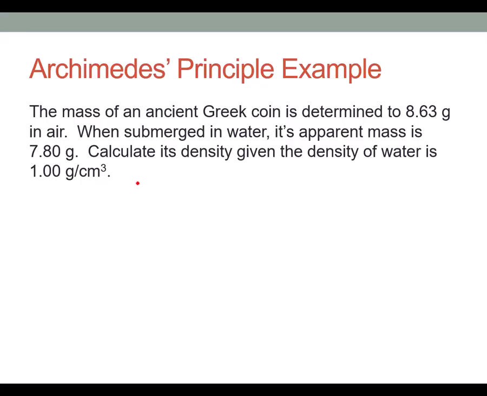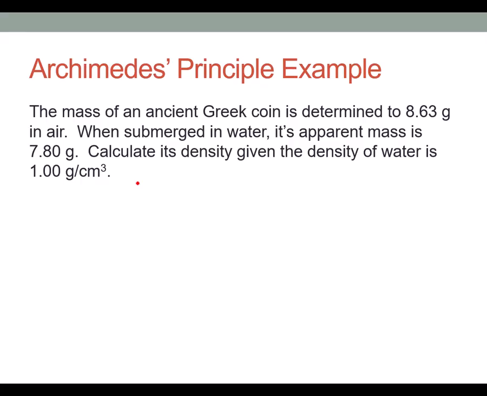We can see that in jewelry, where you can have 14 karat gold versus 18 karat gold. It all still looks like gold, but there's a higher gold content in one of them. So Archimedes is tasked with figuring out whether this gold crown the king was gifted is actually gold.